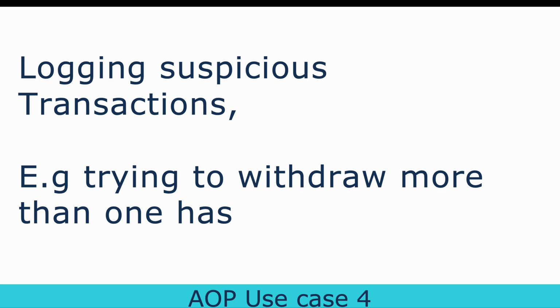Or let's say you want to log some suspicious transaction in your application, and one of the business rules in your company is that if someone is trying to withdraw more than they have, then we regard that as suspicious. Or someone is trying to hack to do some transferring of money. There could be many rules or many cases around that, but we want to log that suspicious execution or transaction, whatever you can call it.